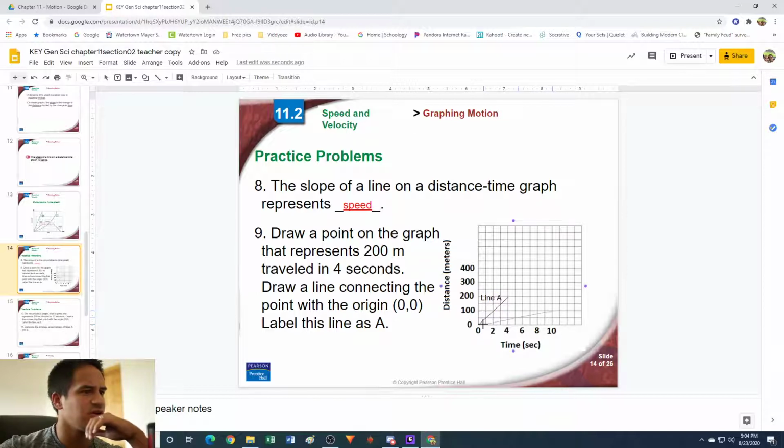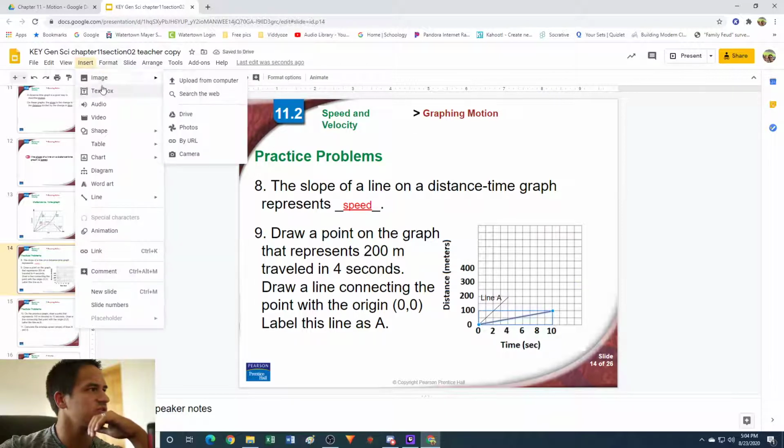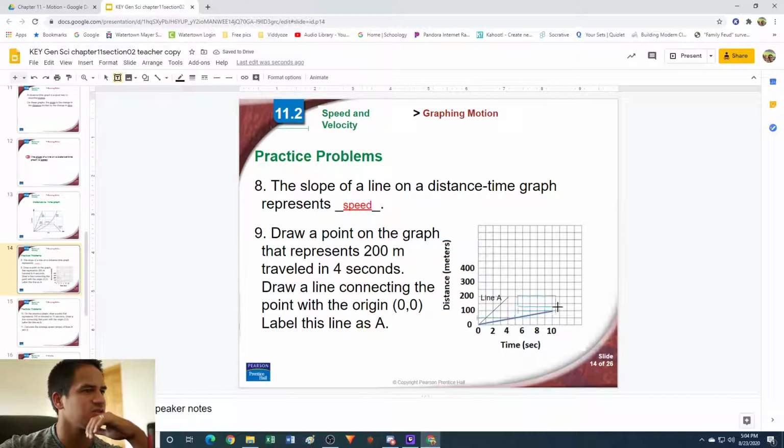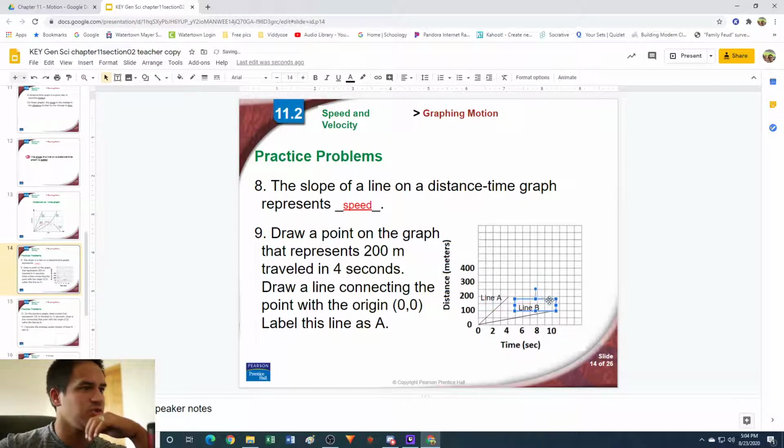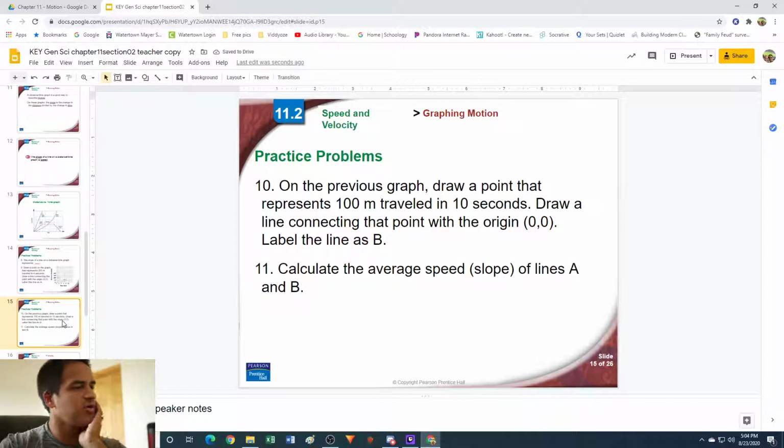So we're going to draw a line and connect it to our origin. And then we will go insert text box, and we'll label this line B. Okay, so here's line A and line B.